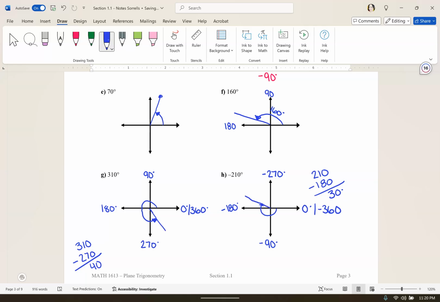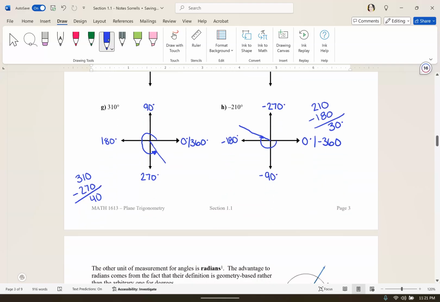That's what happens when you're making your video a little late at night. Okay? So there we go. That one got fixed because I'm only going 30 past the 180. And so notice what I said. Never look at these angles based off the y-axis. And that is what I did. Everything is always based off the x-axis because that is where you start.